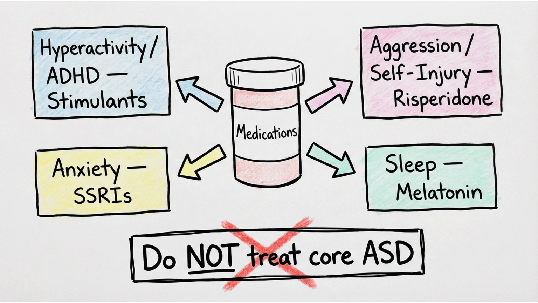Stimulants address comorbid ADHD symptoms. SSRIs may help with anxiety and repetitive behaviors. Melatonin is commonly used for sleep disturbances, which affects about 80% of children with ASD. Always start low and go slow with any medication in this population.